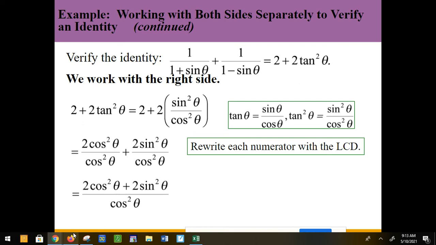So we need to multiply numerator and denominator of 2 over 1, essentially, by cosine squared theta over cosine squared theta. This fraction didn't change other than you just took the coefficient and made it part of the numerator. Now you can add them together, and you get 2 cosine squared theta plus 2 sine squared theta over cosine squared theta.